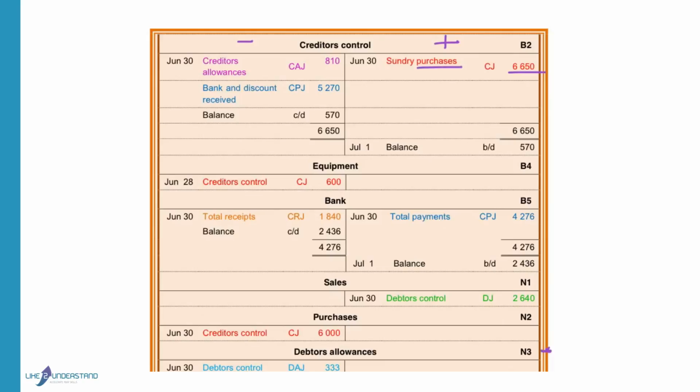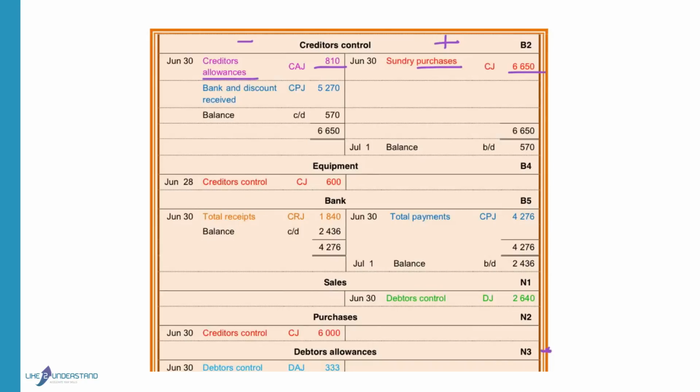When we return goods to them, we want to reduce the debt of the creditor, so we will record it on the debit side. And the difference between the periodic and perpetual system here is that we have a creditor's allowance account in the periodic system, so this amount will go to the credit side of creditor's allowances account.